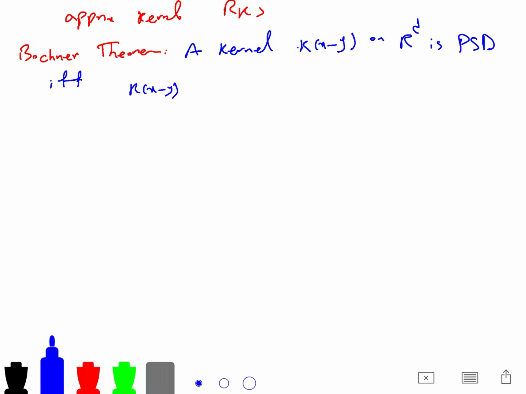In other words, you can write some kernels as k(x, y) if they are shift invariant. And this is p of omega. Consider this as the Fourier transform of your kernel k of x and y. So p is just a Fourier transform, but we consider it as a probability distribution. This is the trick.